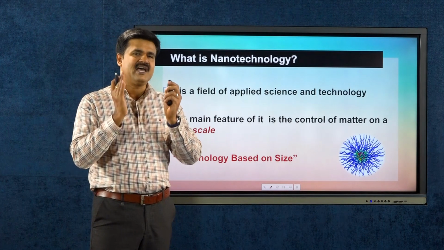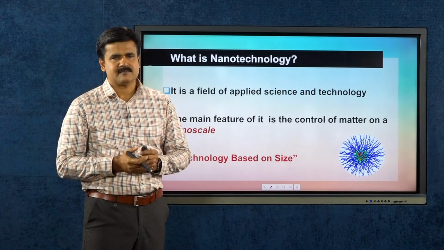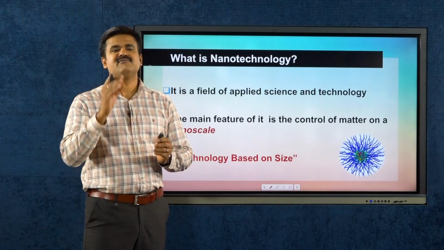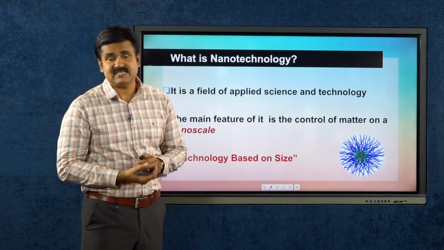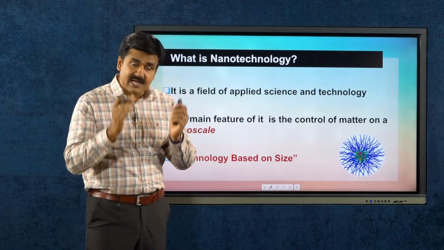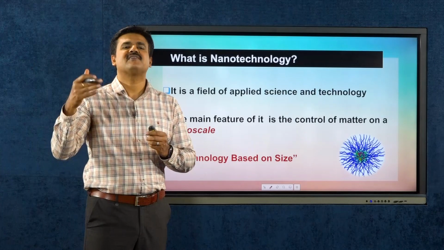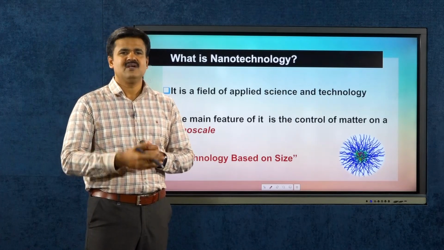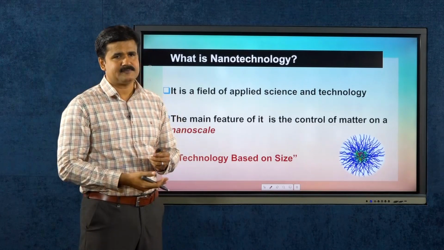So, nanotechnology is the application of nanoscience. In nanoscience, we are studying the properties of nanomaterials, and in nanotechnology, we are using that science for different applications. So, technology deals with the applications of science.